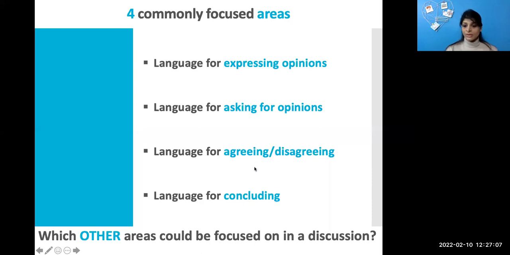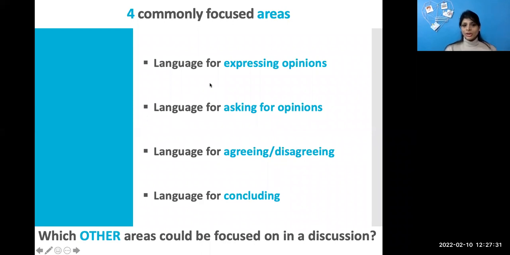Giving examples. Some really interesting ideas coming in. Clarification, giving solutions, some really good ideas there.